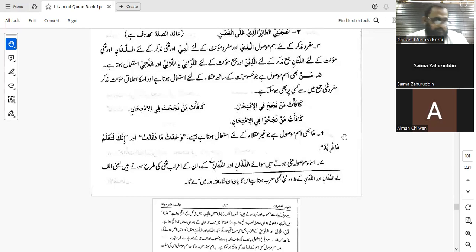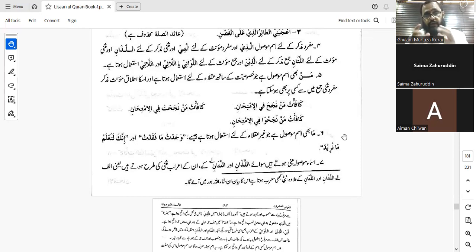And number two, those that have common forms. They are known as al-asma'ul mawsula mushtarik, right? Like ma has the same form for mufrad, muthanna and jama', and that is for ghair aqil. And man has the same forms for mufrad, muthanna and jama'. So we say they are common, or they have common forms for mufrad, muthanna and jama'.